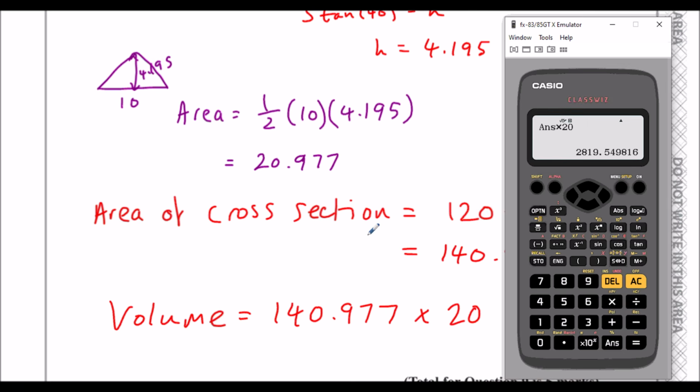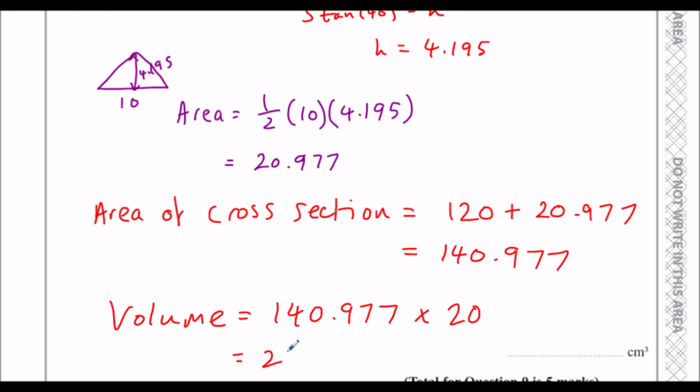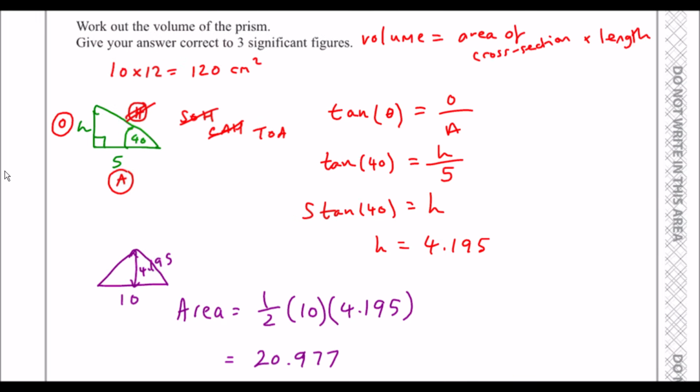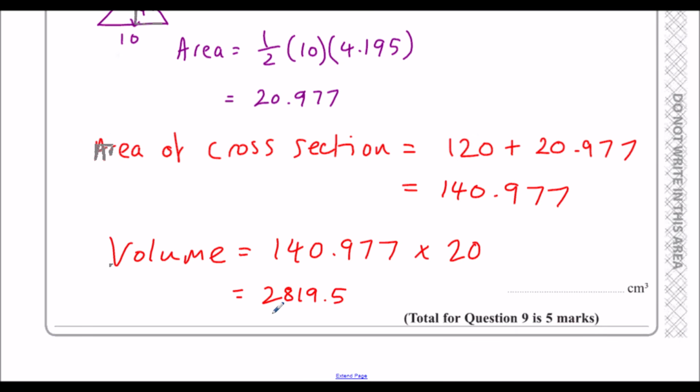So I've got 2,819.5, but I think it said 3 significant figures, so 1, 2, 3, so 2,820. 2,820 centimeters cubed.